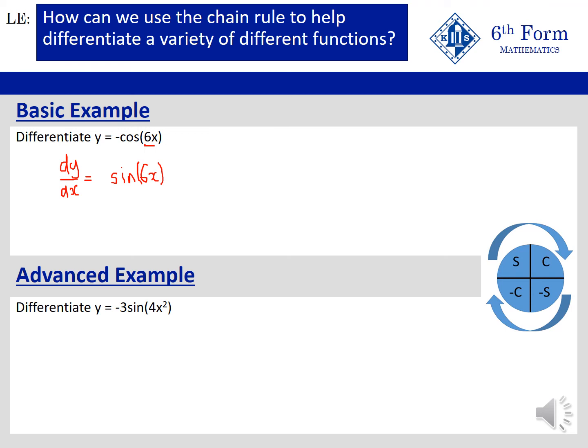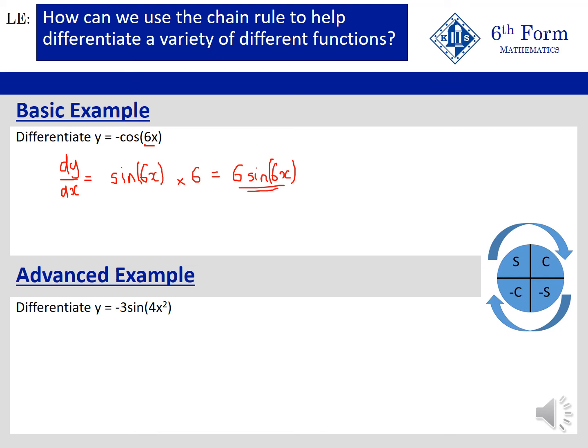As a correction, because it's 6x and not just x, we need to make sure that we multiply by the 6. So if we differentiate 6x, that will give us a value of 6. So simplifying our answer gives us 6 sine of 6x. And that would be our final answer to dy dx.